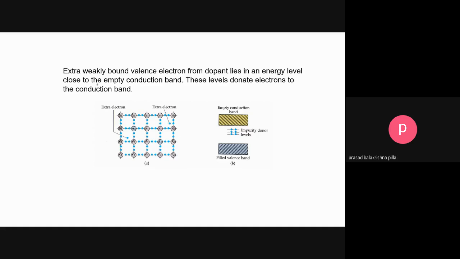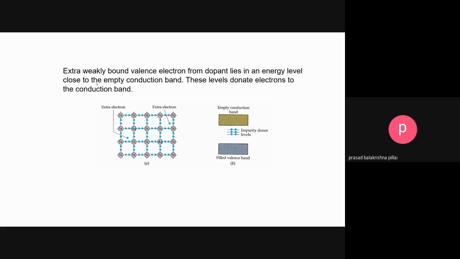And mind you, the y-axis in this energy band diagram is the energy. So when you go up for the electrons, the energy increases, and when you go down for holes, the energy increases. That is what you should keep in mind.